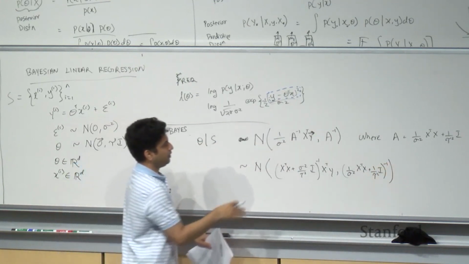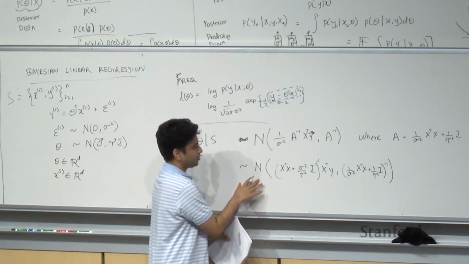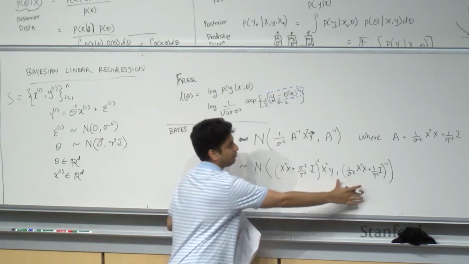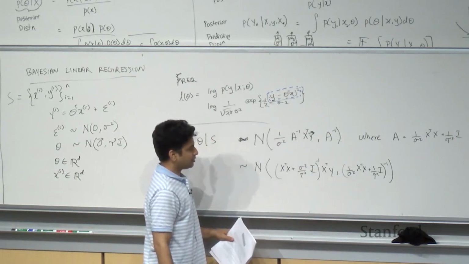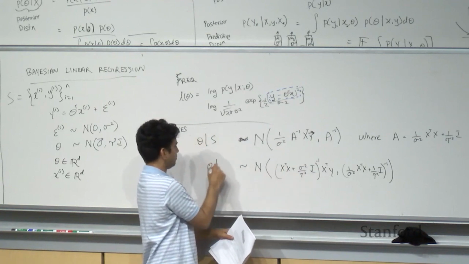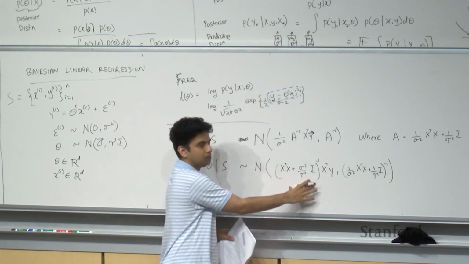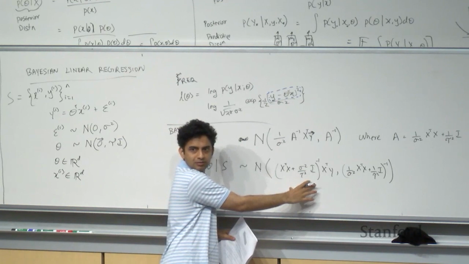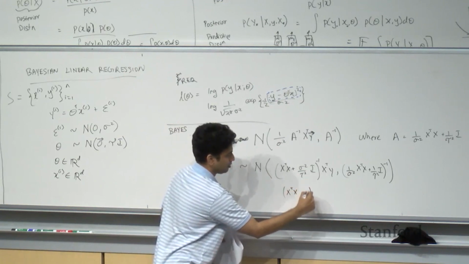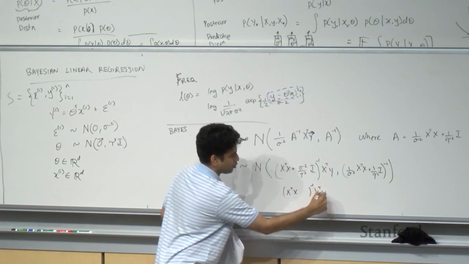So here we have a normal distribution where the mean has this form and some variance, and you might recognize that this looks very similar to the normal equations, right? In the normal equations we had x transpose x inverse x transpose y.